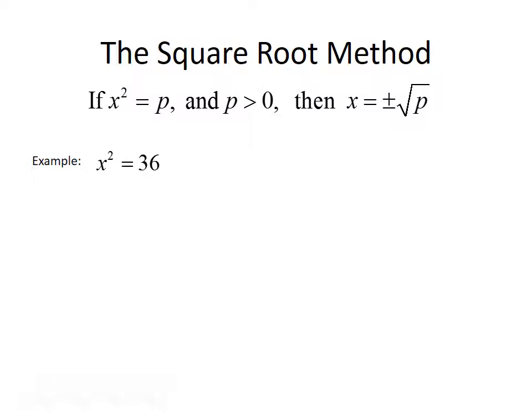So if we know that x squared equals 36, we can take the square root of both sides. When we take the square root of x squared and the square root of 36, we need to remember that the square root of 36 could be positive or negative, so we have x equals plus or minus root 36. Finally, we can evaluate the square root of 36 is 6, so x is equal to plus or minus 6.